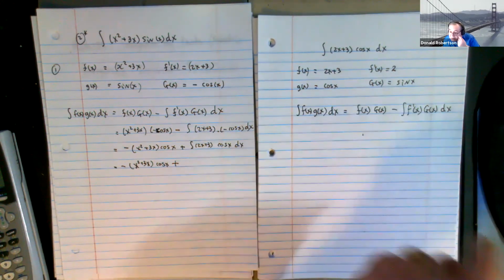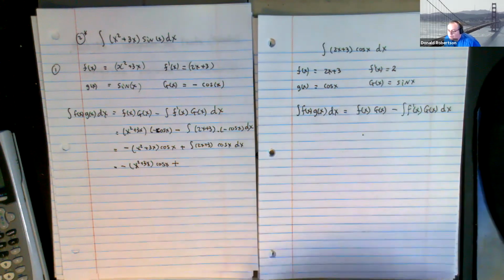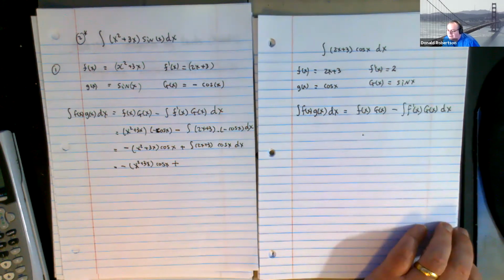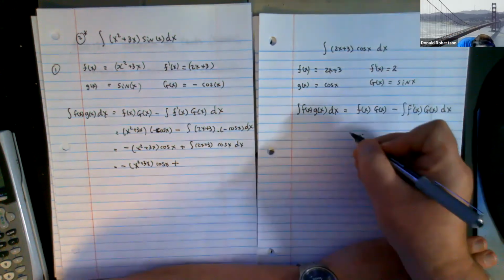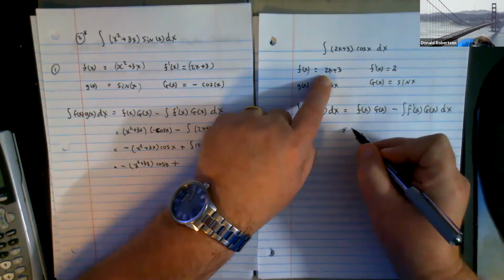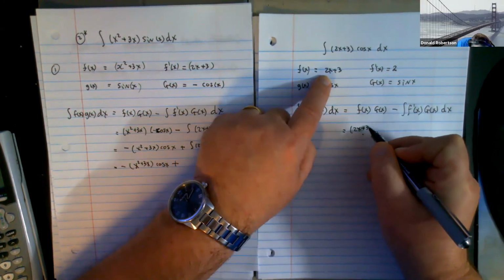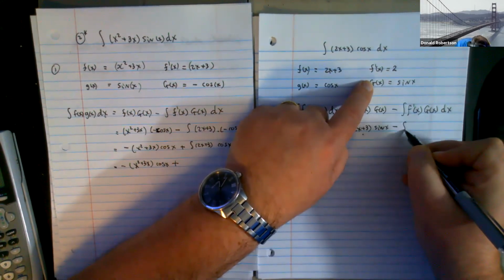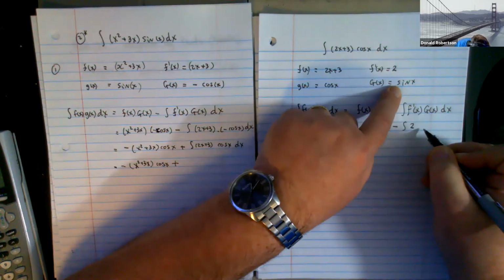Because sometimes if you miss out a line, you'll go back and you'll say, what did he do? How did that happen? Now, in this case, 2x add 3 with the sine x, take away a 2 with the sine x.